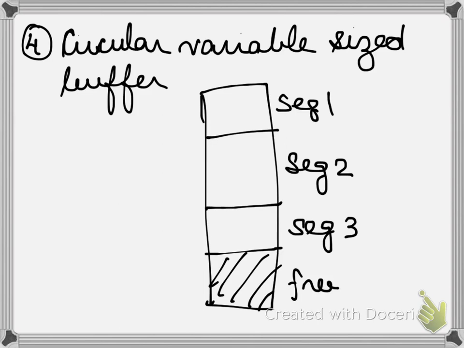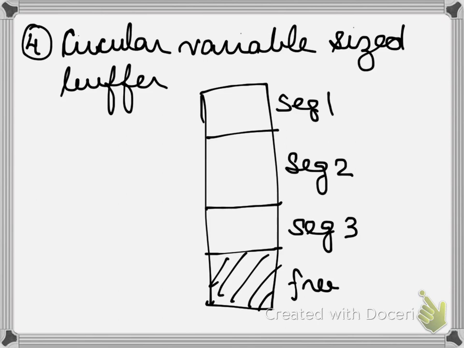Also, the complexity is comparatively lesser than that of the regular variable size buffer. It is useful if your connections are using a lot of data transfer, then this would be a better choice.